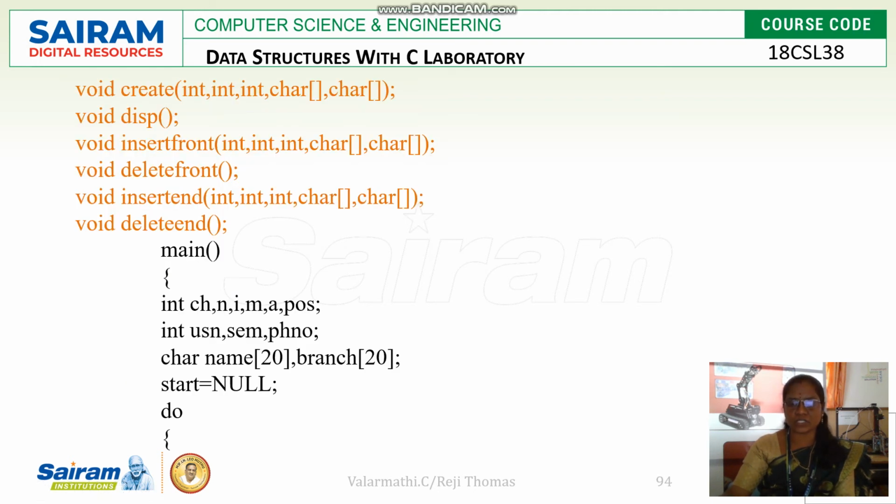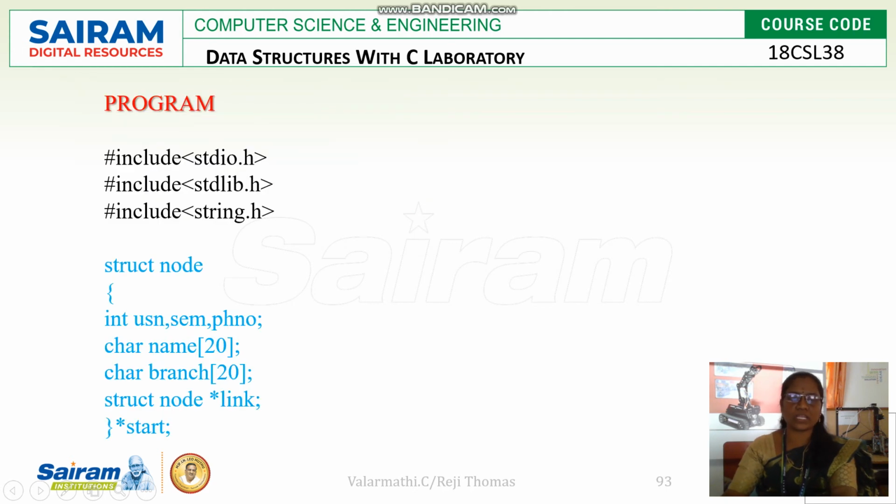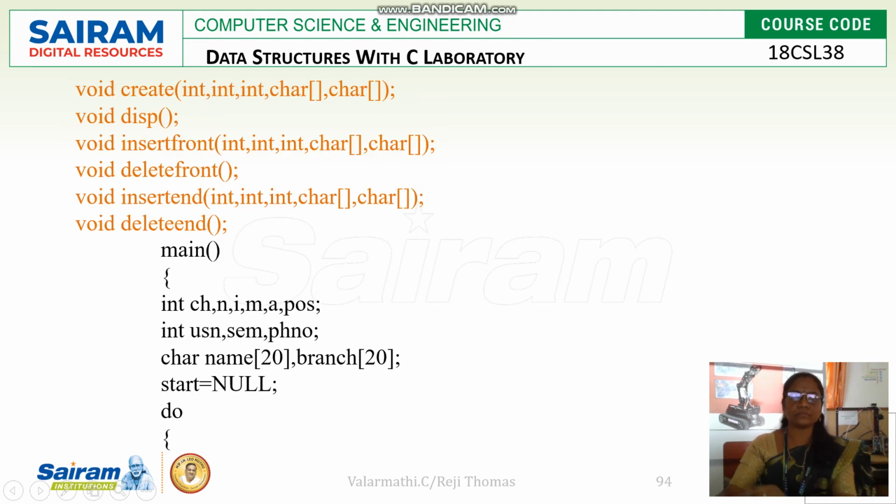Now the next task is to create a user driven program showing these subtasks. First we should create a single linked list along with the members specified. What are the members specified here? USN, SEM, phone number, name and branch. So it has five important members, which are given as arguments in order to create a single linked list.